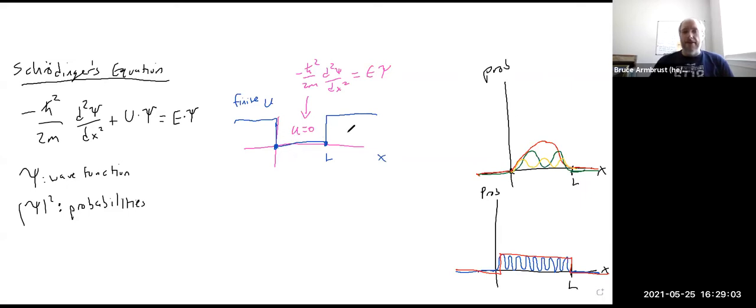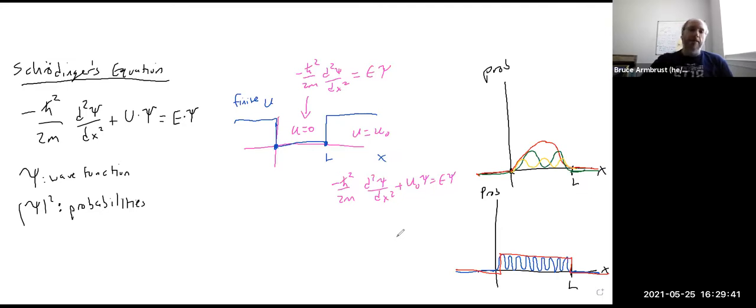Now, on the other two pieces, let's come out here, and I'm going to say that u is equal to u naught. So u naught is the amount of potential energy that's being exerted on the particle if it's out here. Okay, well, now that's going to make this differential equation this right here.